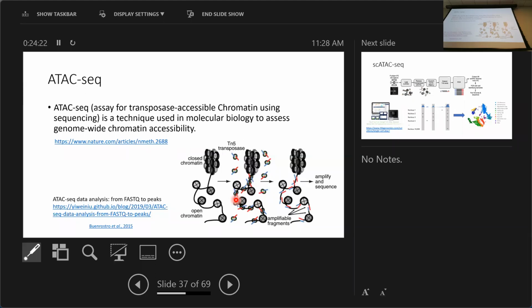In this case, you know the names of genes, you know where they are located. In this case, you have all the peaks, you know where they are located on the chromosome. Which cell contains what peaks in what position.